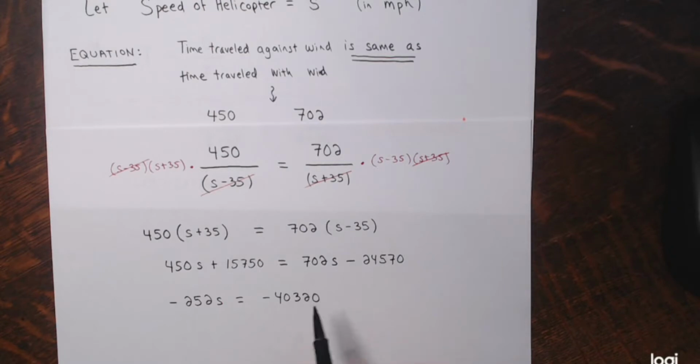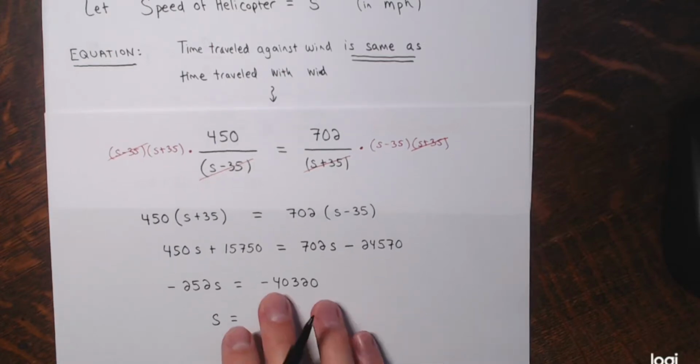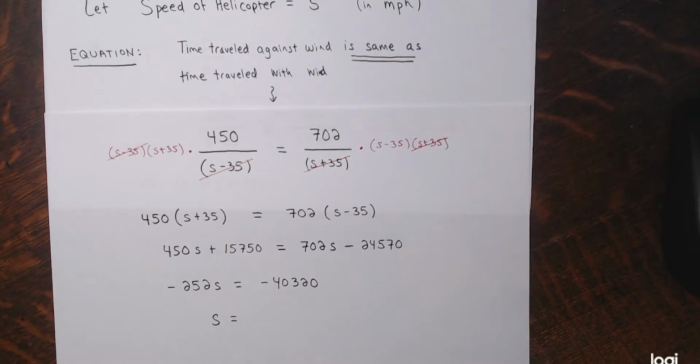And then we're dividing by negative 252. And that'll be a positive value, right? Negative divided by negative. And again, I'm just doing calculator work off to the side here. You can use whatever calculator you wish, I don't care. All right, and this is equal to 160.